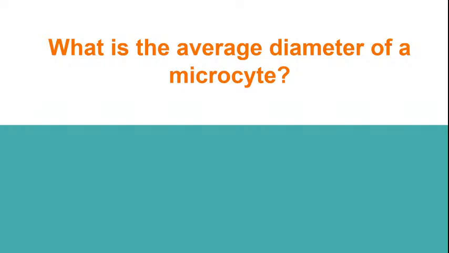Now, what is the average diameter of a microcyte? A microcyte, again, is an RBC that is less than 6 to 7 micrometers. I made a mistake in that one.